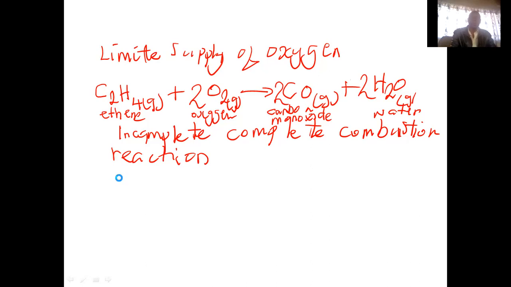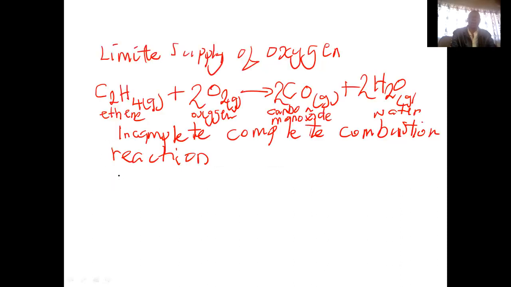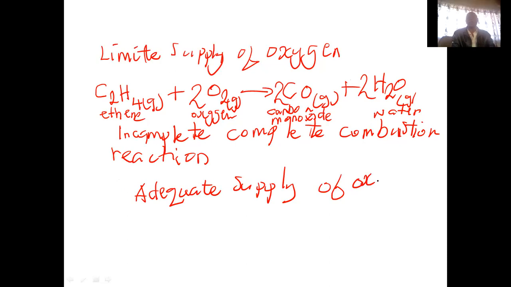When there is an adequate supply of oxygen, the combustion process or burning process would be as follows.